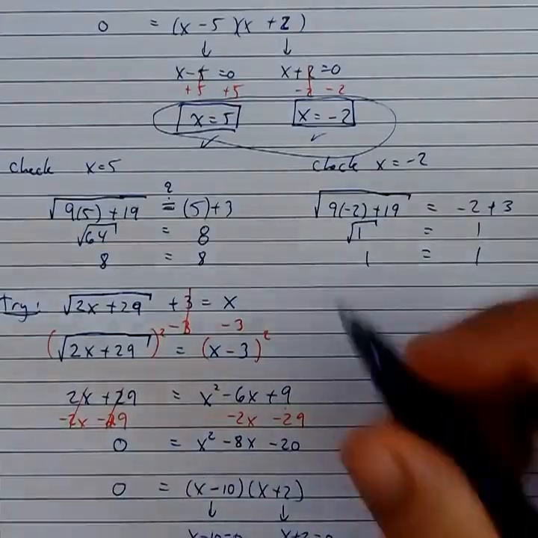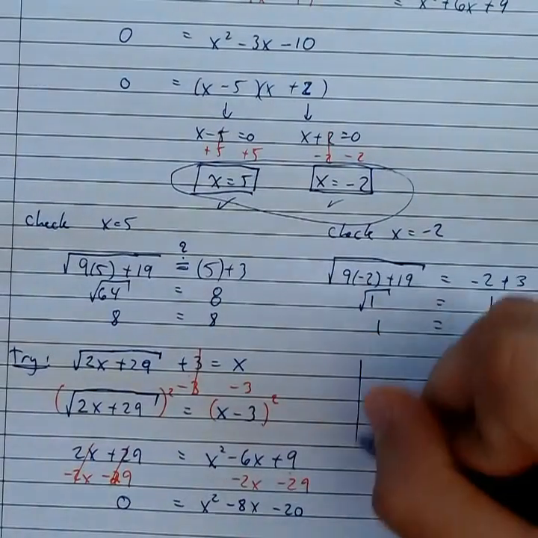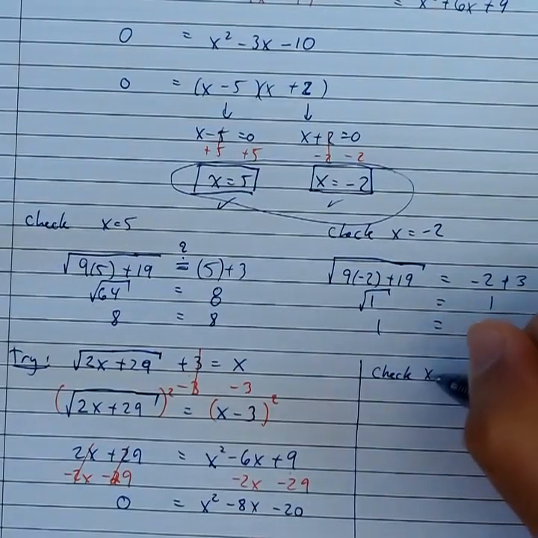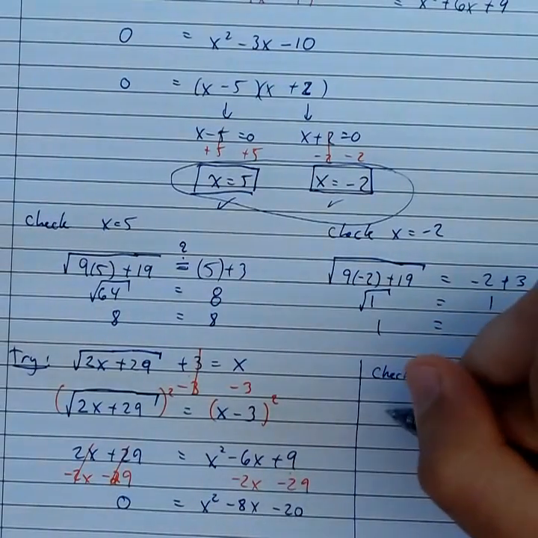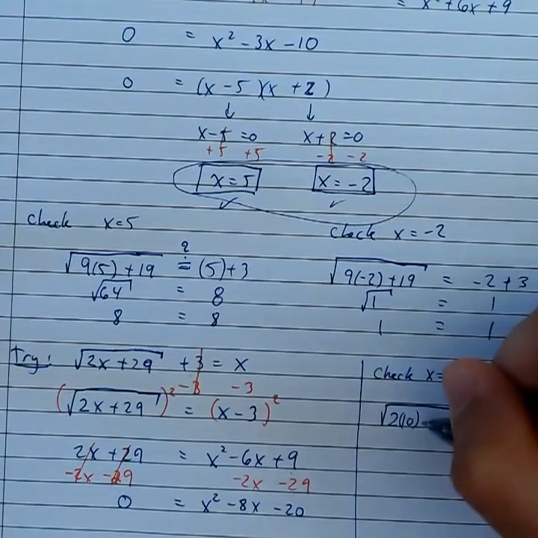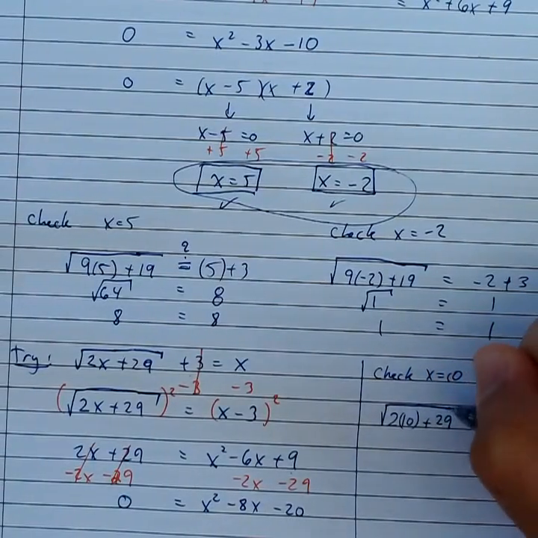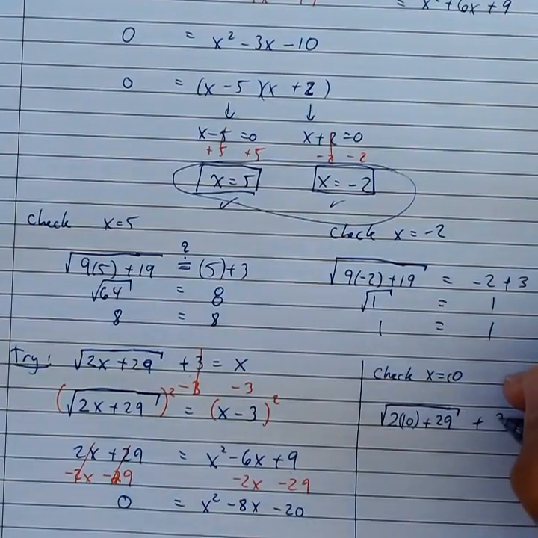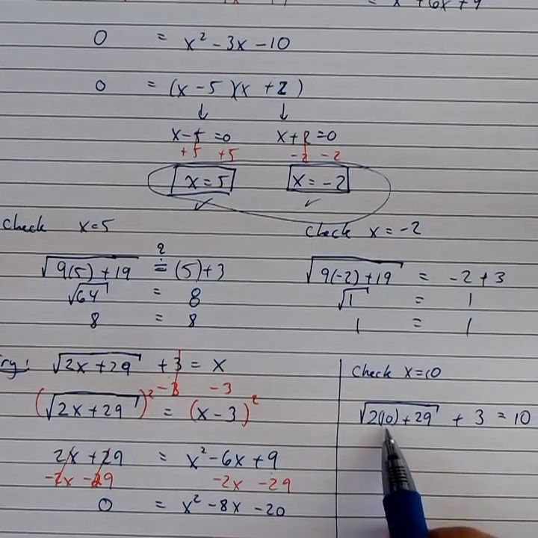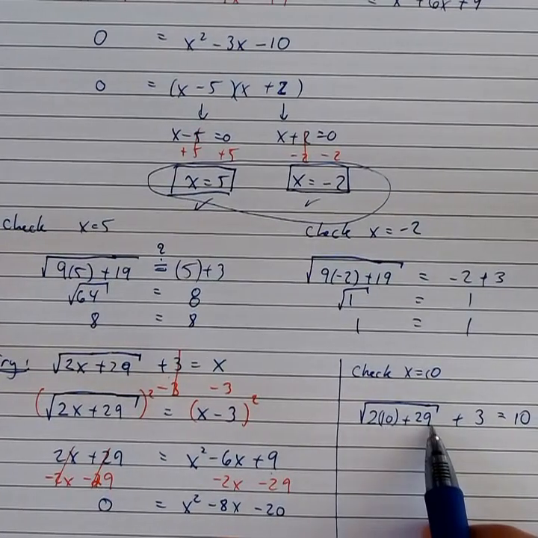All right, so let's take a look. Let's go ahead and check x equals 10. That's going to be square root of 2 times 10 plus 29 plus 3 equals 10. And let's see if that's true. 2 times 10 is 20 plus 29 is 49.